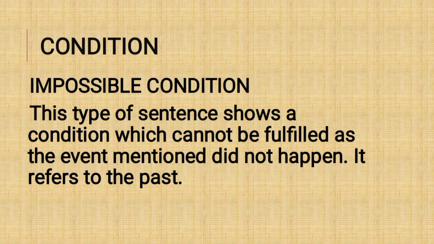But for impossible condition, it cannot be fulfilled because the event mentioned, our condition, did not happen. So this refers to the past, because we cannot have something which cannot be fulfilled in the future. This should be in the past.